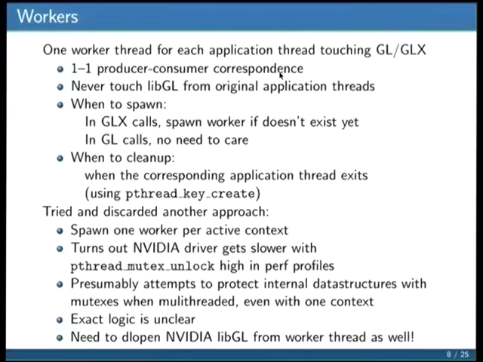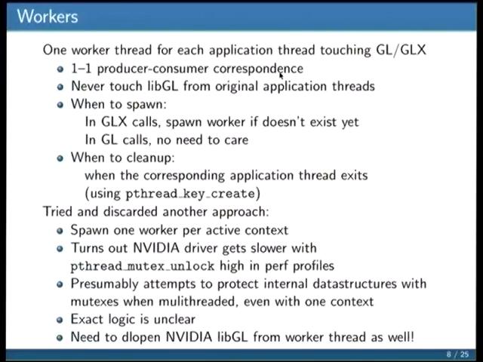But what I think happens is that the NVIDIA driver wants to detect if it is running in a multi-threaded context. And if so, it wants to protect some of the internal data structures from concurrent modifications via the GL API, and uses pthread mutexes to do that.